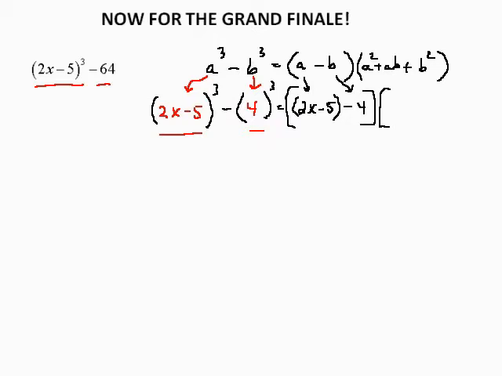All right, here comes the other one. A squared is 2x minus 5 squared. That's A. Plus A times B would be 2x minus 5 times 4. And then plus B squared would be plus 4 squared.